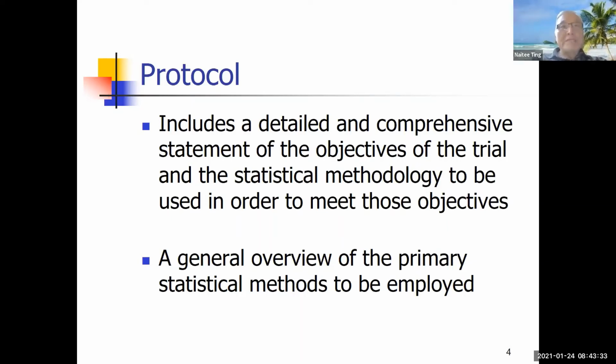This alpha protection is reflected in your primary endpoint, your primary comparison, your primary analysis set, your primary time point, and whenever there are multiplicity issues, you need to make an alpha adjustment. So all of this critical thinking has to be reflected in the protocol, in the statistical method section.